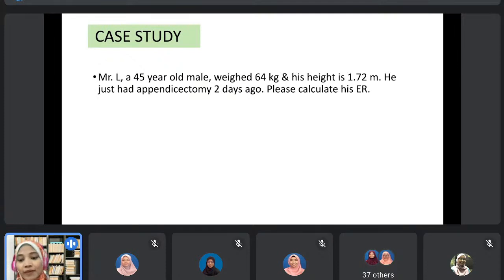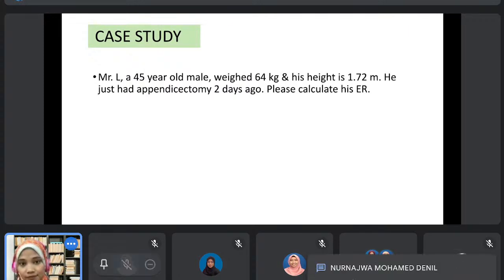So maksudnya kita boleh katakan kes ini kes apa? Dia require apa? Extra protein lagi.